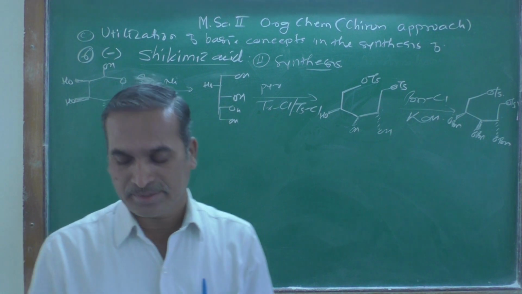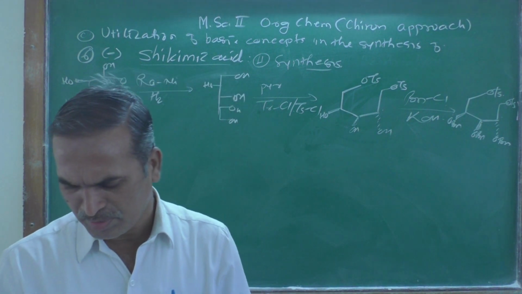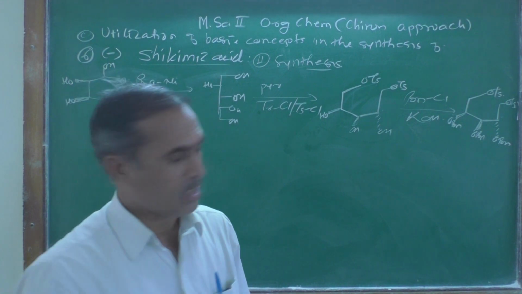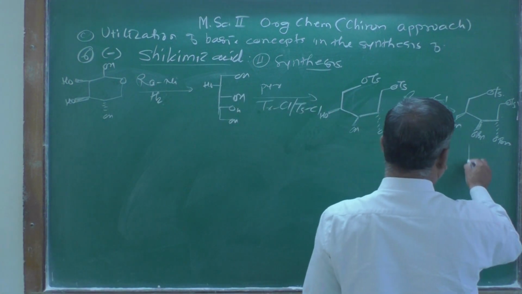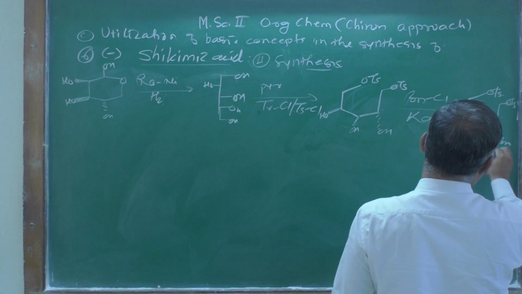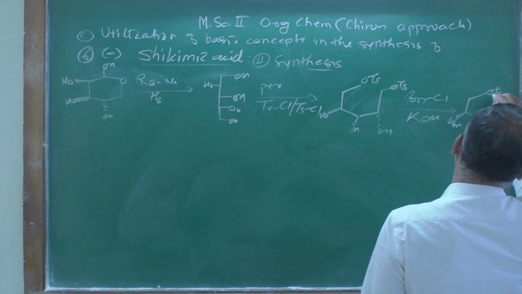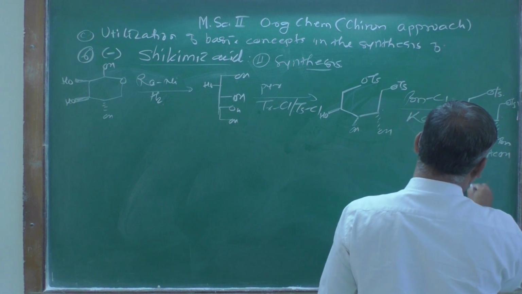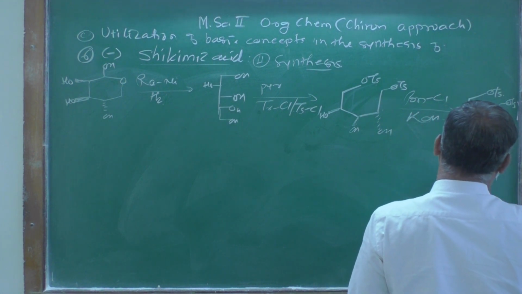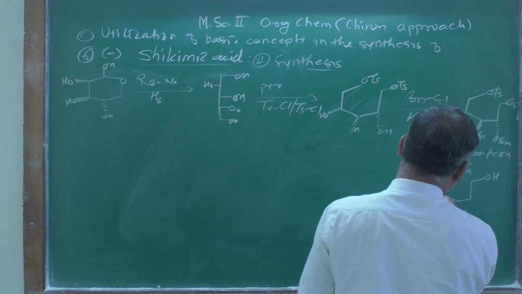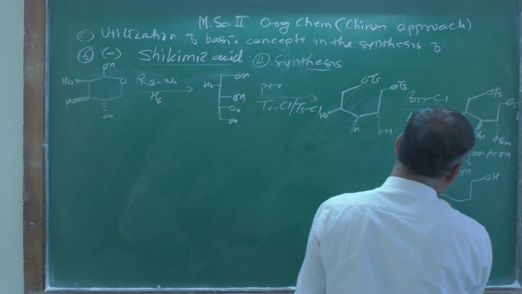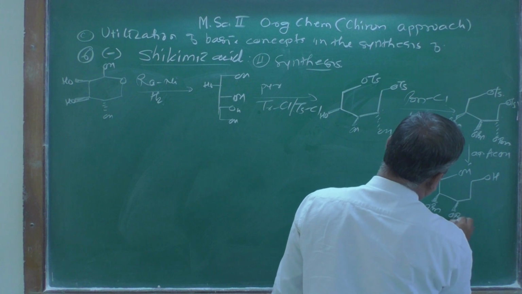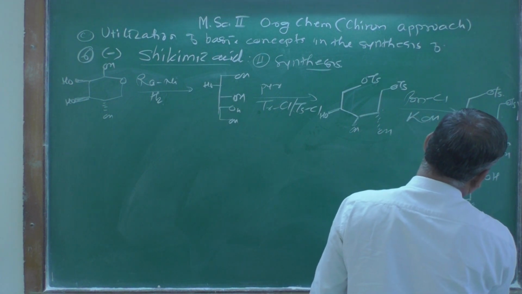And after that, you treat this compound with aqueous acetic acid. This is further treated with aqueous acetic acid. So the OTS group gets converted into OH. The other things remain as they are, OBn, then OBn, and then OBn.